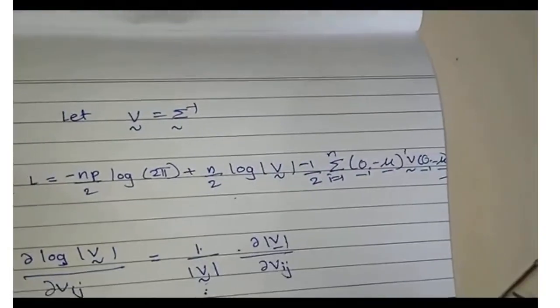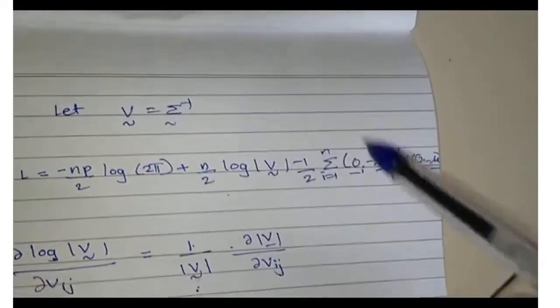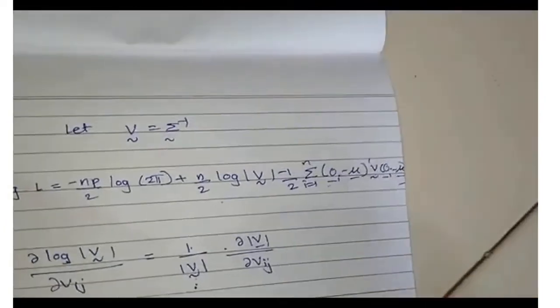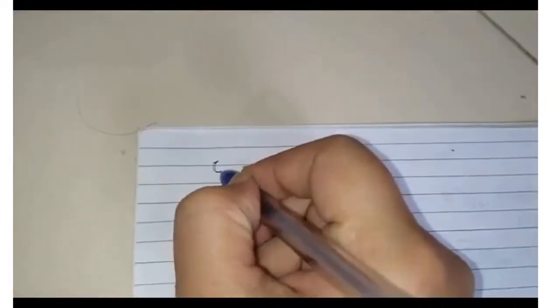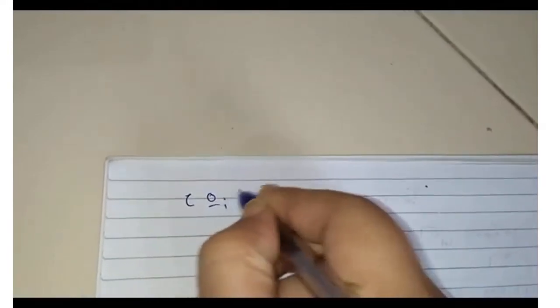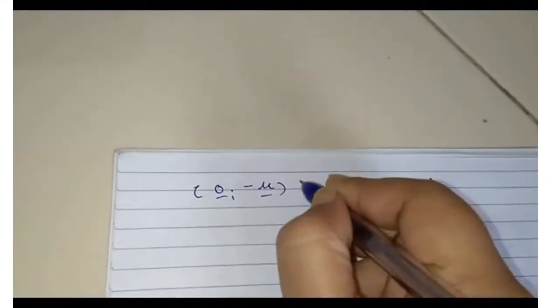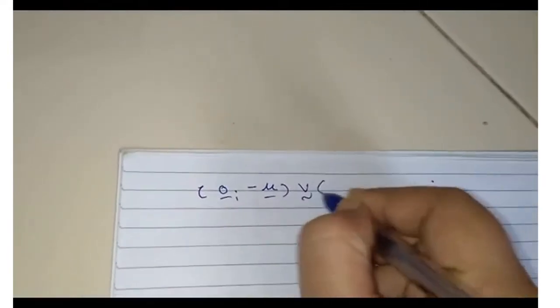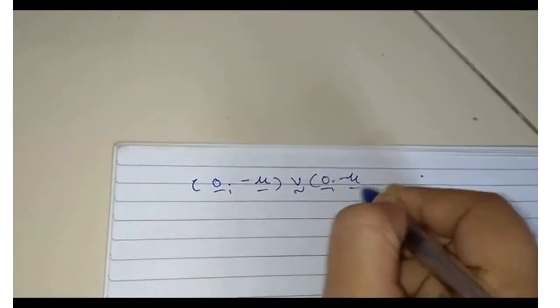Now we have to differentiate with respect to the third term. In my third term actually the diagonal contains V. So let me just consider the inside term first, y minus mu prime V y minus mu.